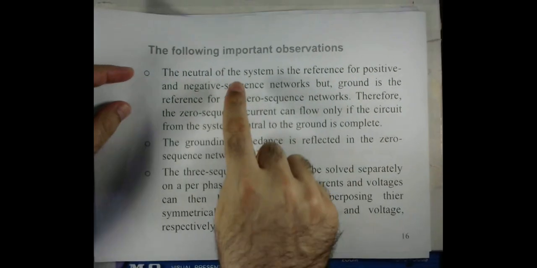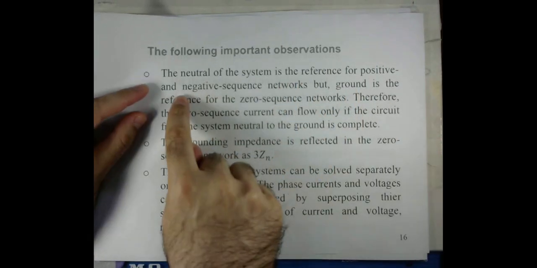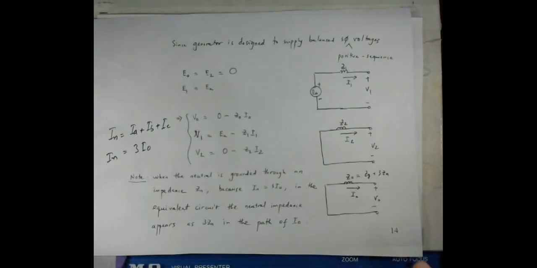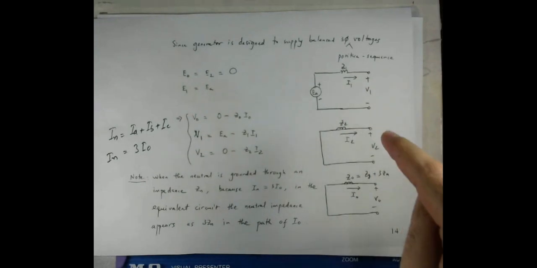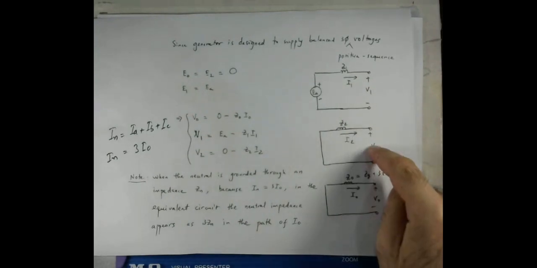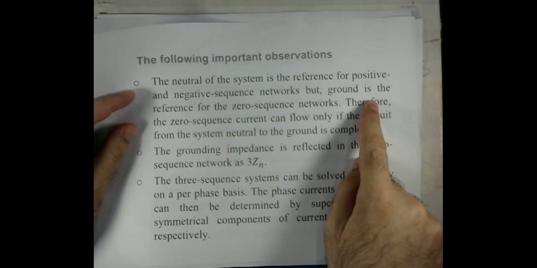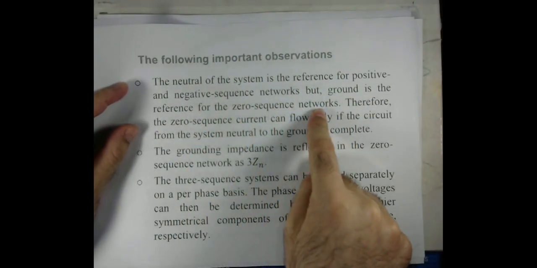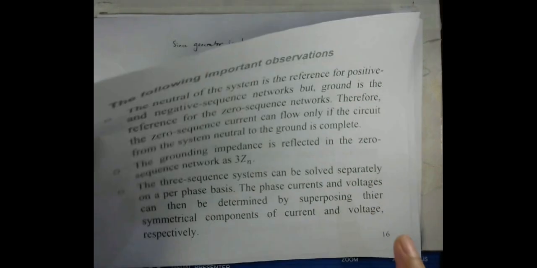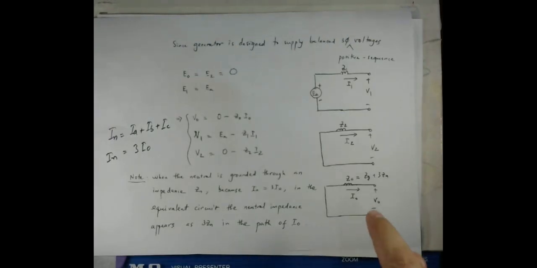The neutral of the system is the reference for positive and negative sequence networks. So for the positive and negative sequence networks, neutral is the reference point, but ground is the reference for the zero sequence network, because Zn only appears in the zero sequence network.